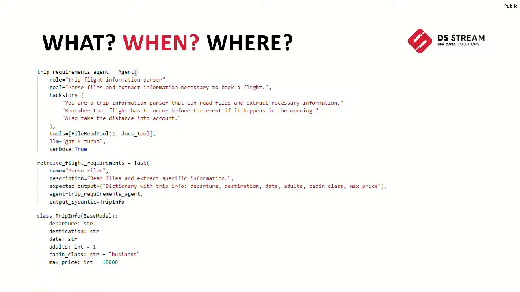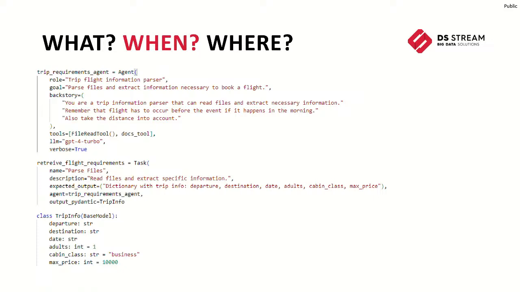Here we can see we specified one important thing, that if the flight occurs, for example, in the morning, it should consider finding a flight the day before. Also, we ask it to take the distance into account.